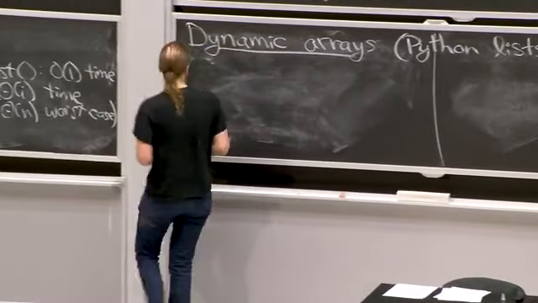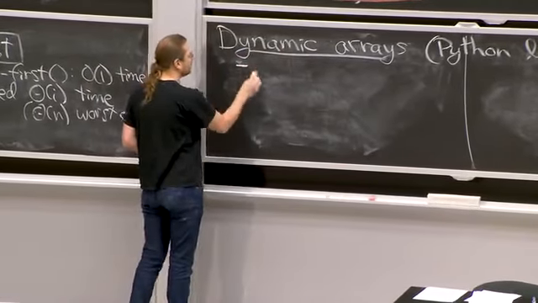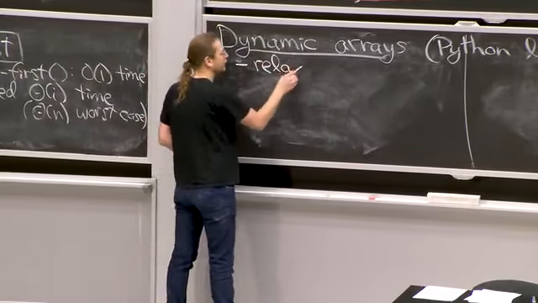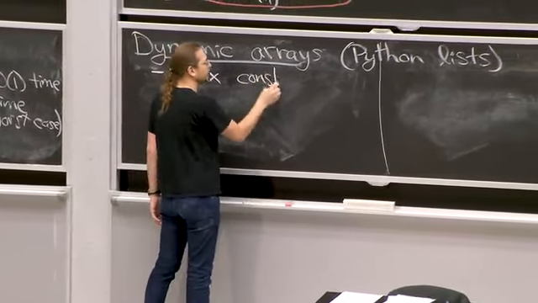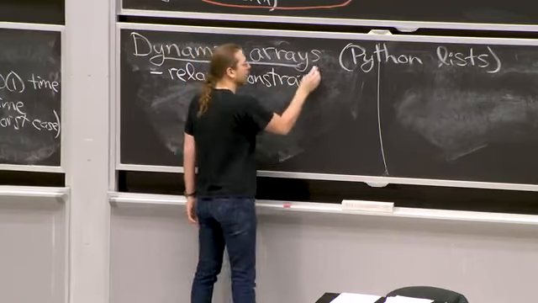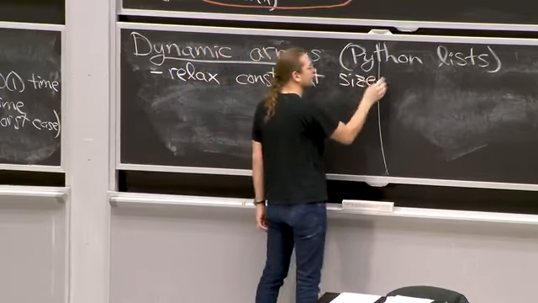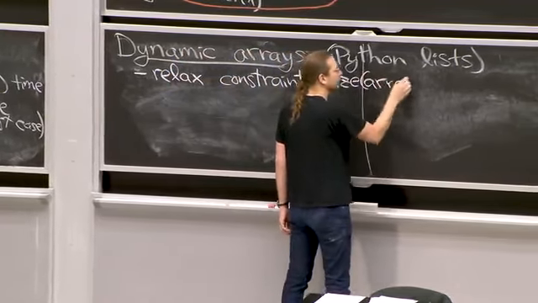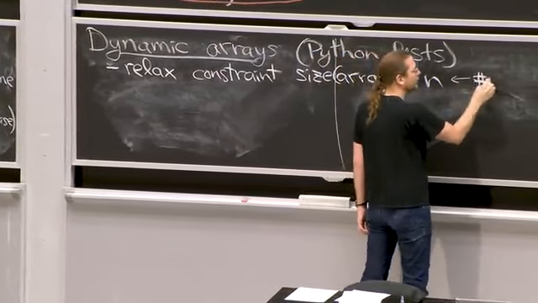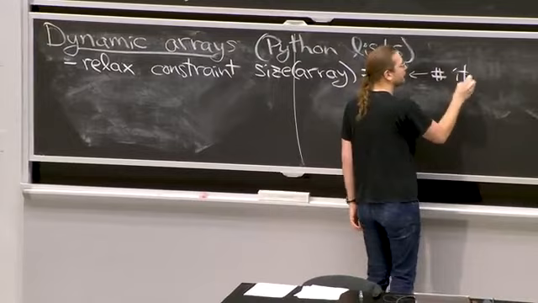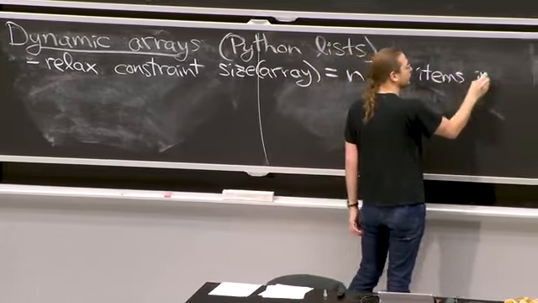Okay, so the idea is to relax the constraint, or the invariant, that the size of the array we use equals n, which is the number of items in the sequence.